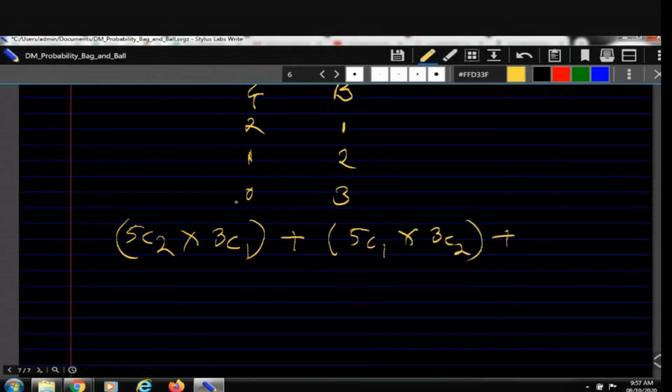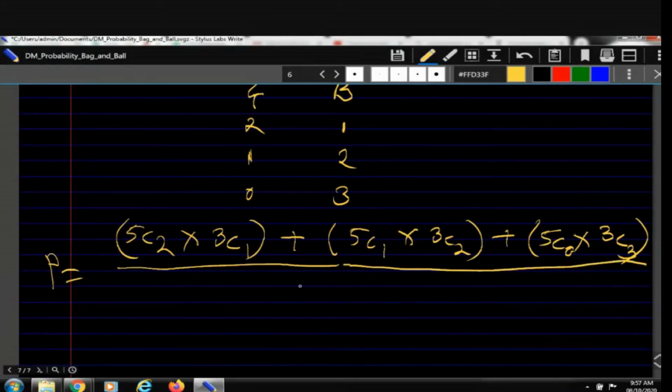Plus 0 green is not required to be written, and all 3 blue, but I will write it for you. Actually it is 5C0 into 3C3. And your probability will be equal to this whole divided by 8C3.